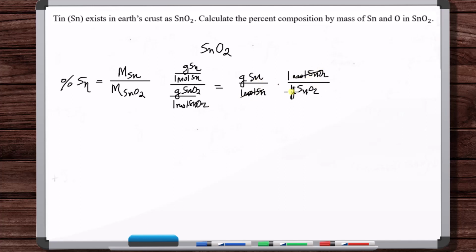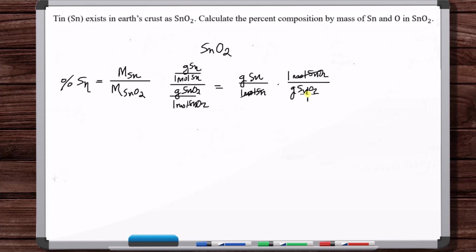So now we've got grams per mole, but a mole and a molecule are interchangeable. A mole is just a scaled up version of a molecule. If we computed the mass of 1 atom of tin and the mass of 1 molecule of this compound, SnO2, which is an ionic compound, we'd have smaller values, but we'd get the same ratio because these are just scaled up by the same number.